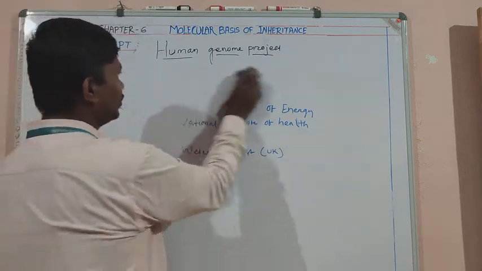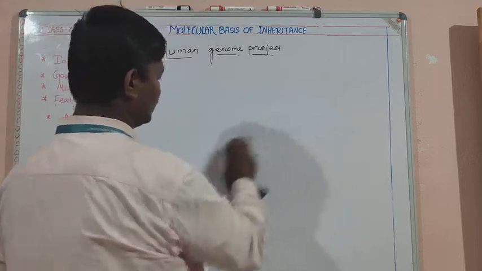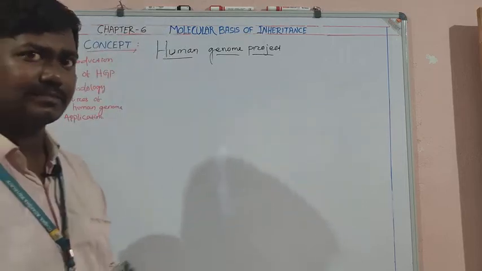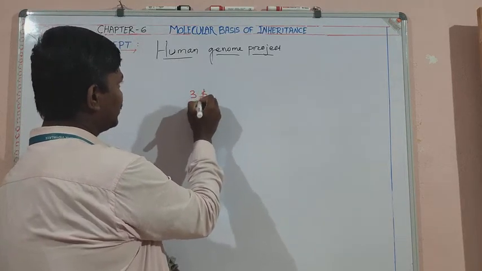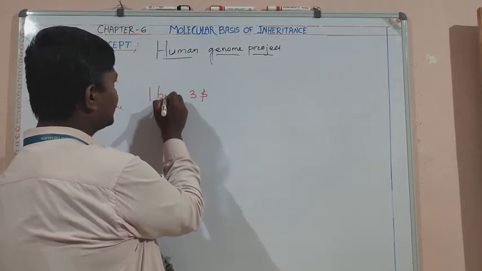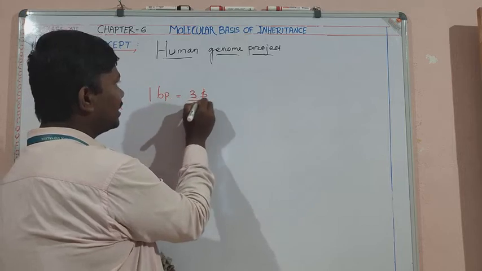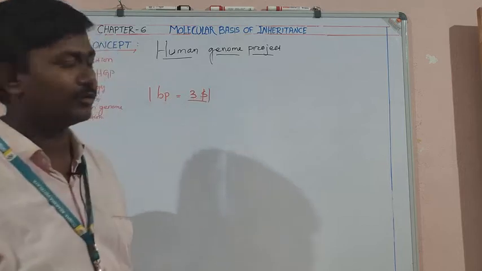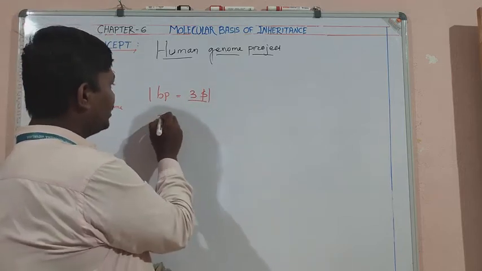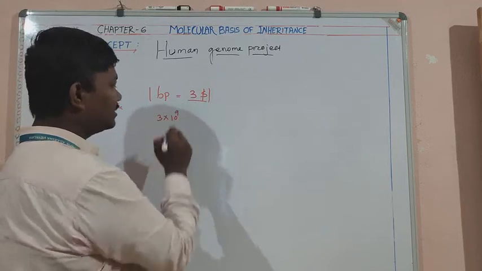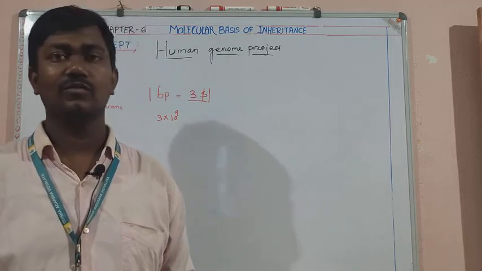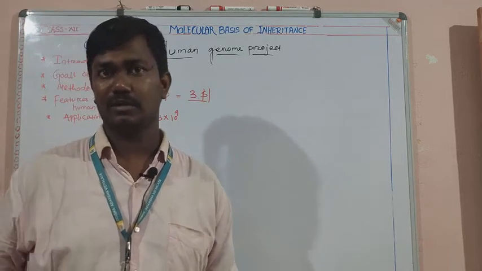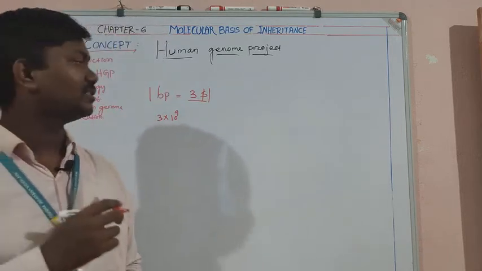For example, to sequence a single base pair, $3 American is needed. In human genome, there are 3 into 10 to the power 9, that is more than 3 billion base pairs. So billions of dollars is needed in this project.